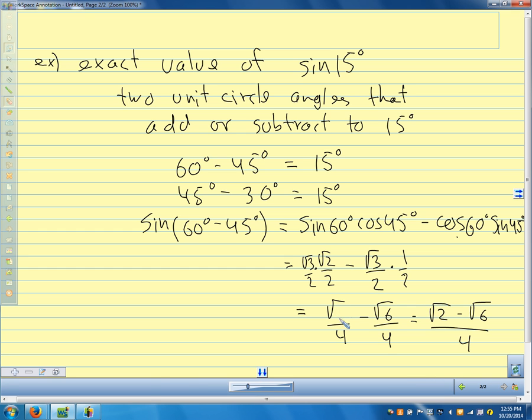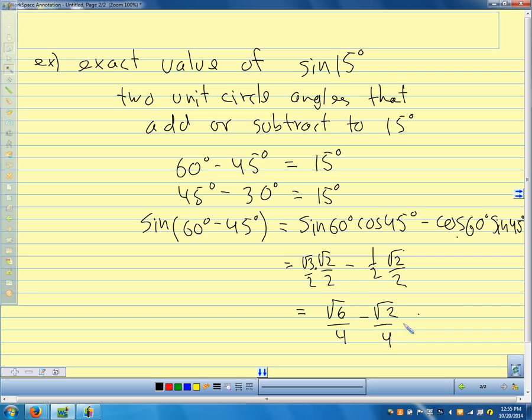So this should be a square root of 6, and that should be a square root of 2. So the exact value of the sine of 15 degrees is square root of 6 minus square root of 2 over 4.